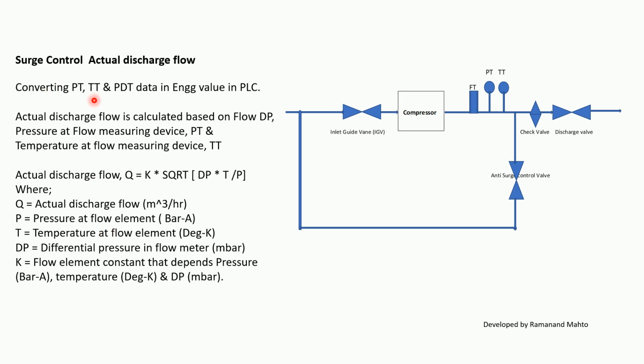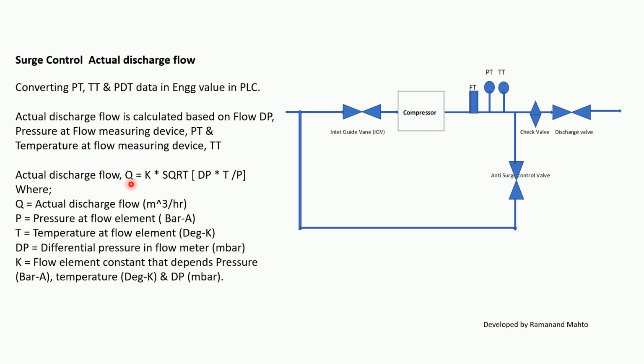PT, TT and PDT are converted into engineering values in the PLC; we know how that is done. Then the actual discharge flow is calculated based on the flow dp, the pressure at the flow measuring device, that is PT, and the temperature at the flow measuring device, that is TT.